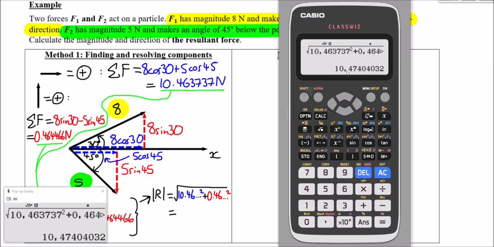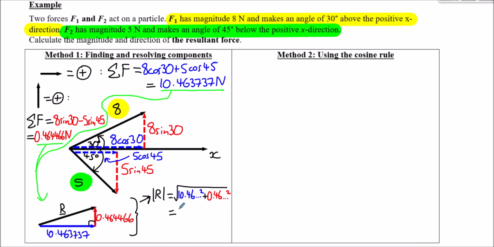We're getting 10.474, so round that to three significant figures again, 10.5 newtons.